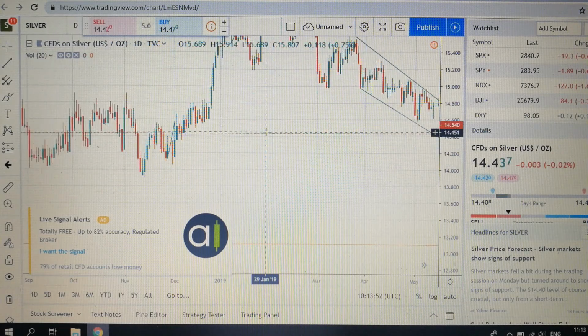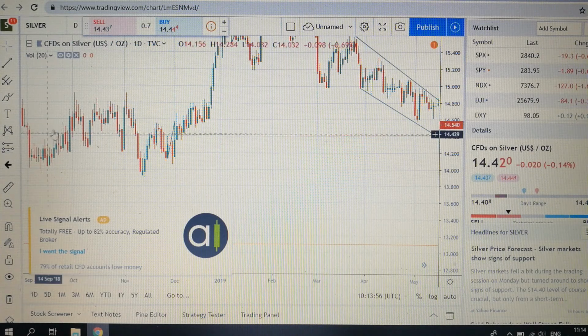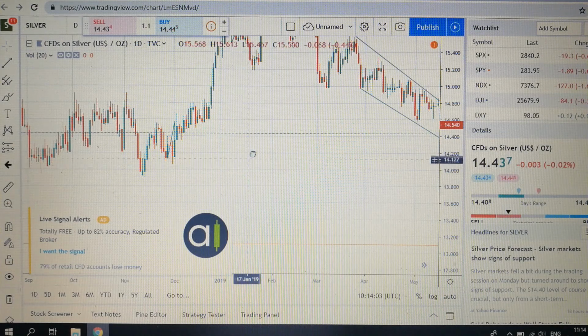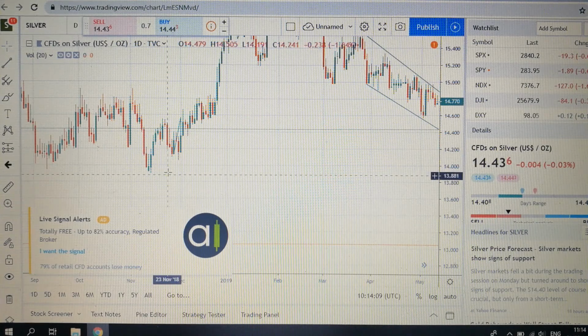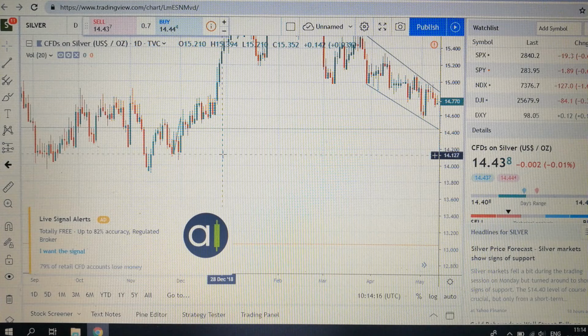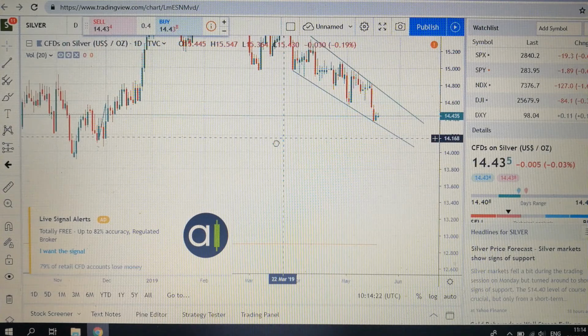If you look at where the current price is, there's no real support level here. There's a little bit here, but it's not very strong. To me, the next main support level is 14.13, and you can see here as well, and then there's a low at 13.91. So that's probably going to be our main support level, just around 14.12, and then we'll slowly start to see it go back up again.